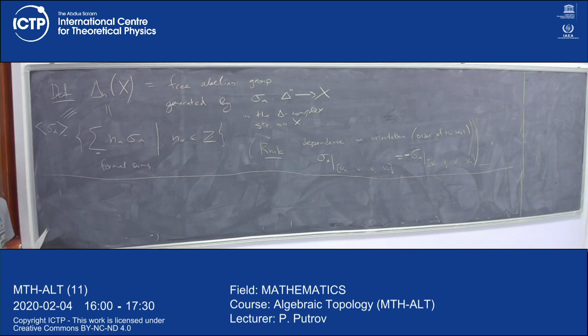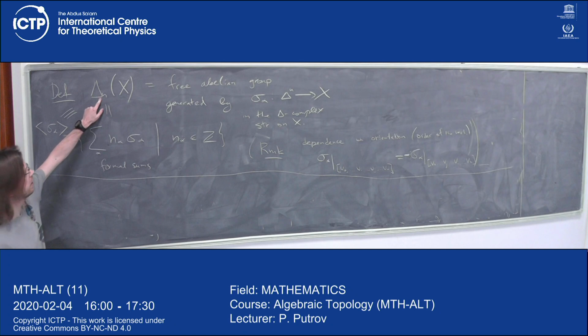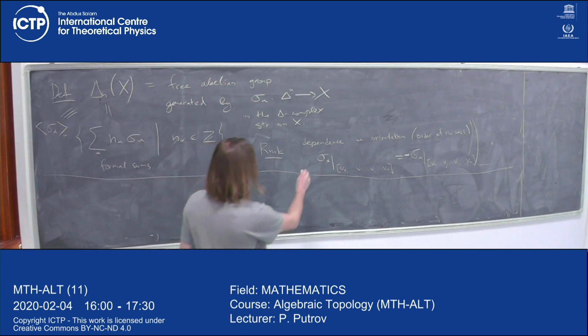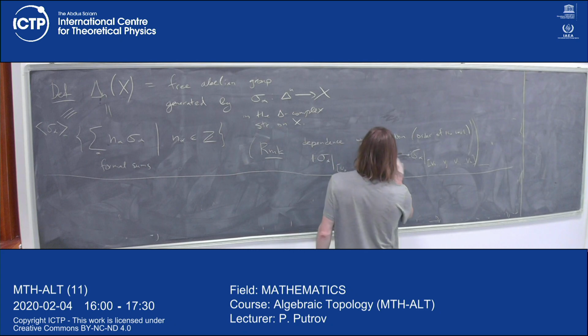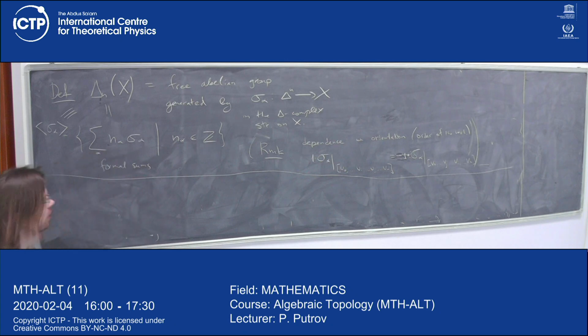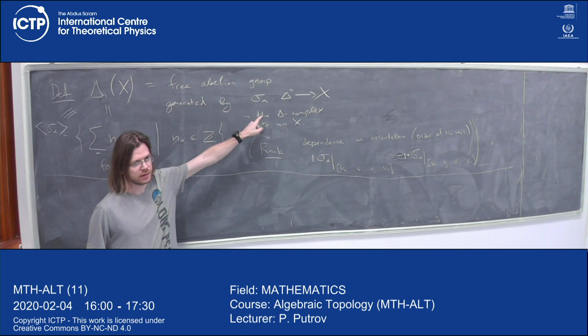Sorry? What do you mean with the minus? Because sigma is a function to X, no? No, I mean as an element in this group. What is this linear combination? It's a formal sum. It's a free abelian group with generators, where each generator corresponds to each sigma alpha.